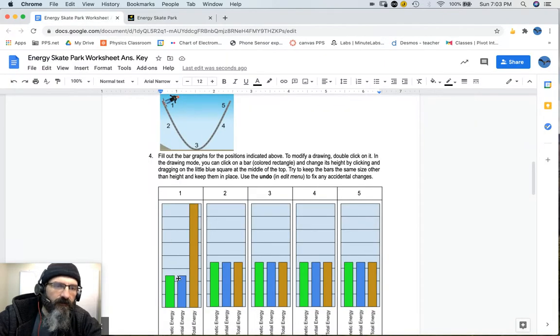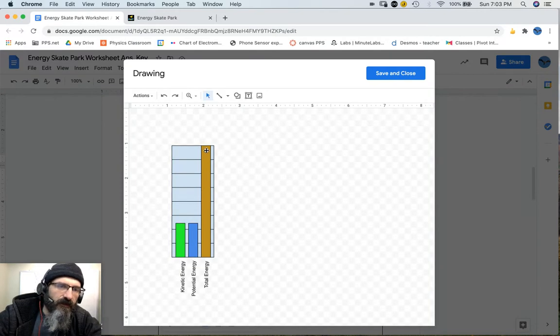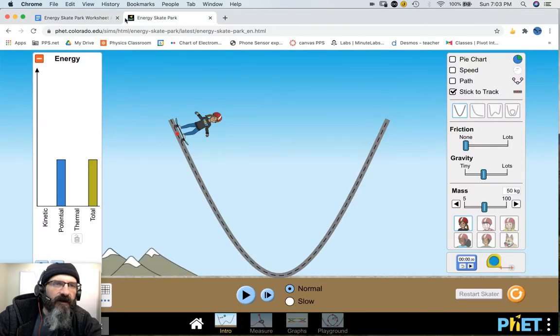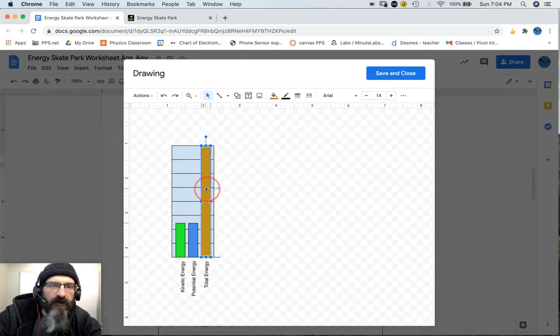So I go in here, I'm looking at this. Well, the total energy bar is all the way to the top. My total energy bar didn't really seem to be that tall, but it's actually true. We could leave it either way. I'm going to lower it down to put it here. And that's 1, 2, 3, 4, 5.